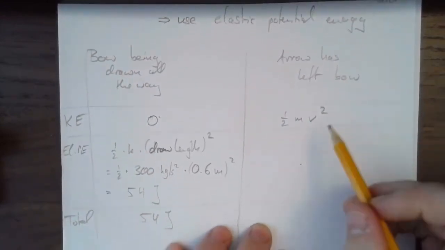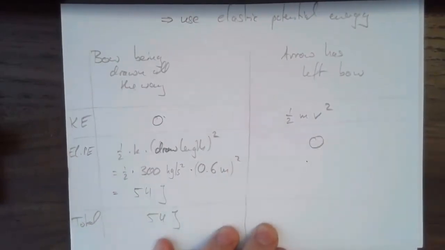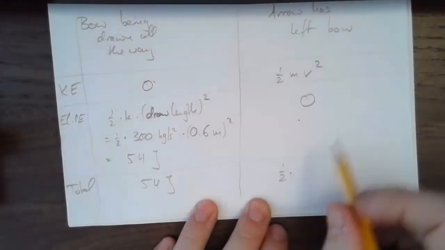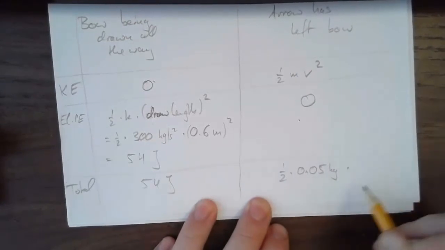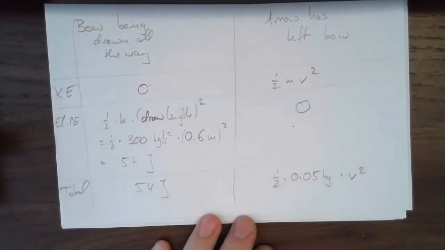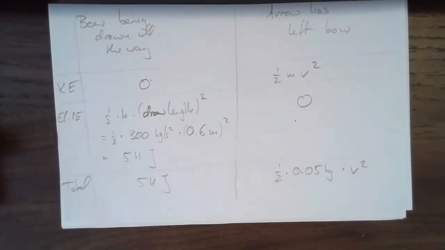Final kinetic energy is 1/2 mv squared. There's only one v here. At the end, the bow is no longer drawn at all, so that is 0. So this is 1/2 times, well, m is 50 grams, so 0.05 kilograms, times the speed squared. And now those totals, those are the ones that I set equal to each other.